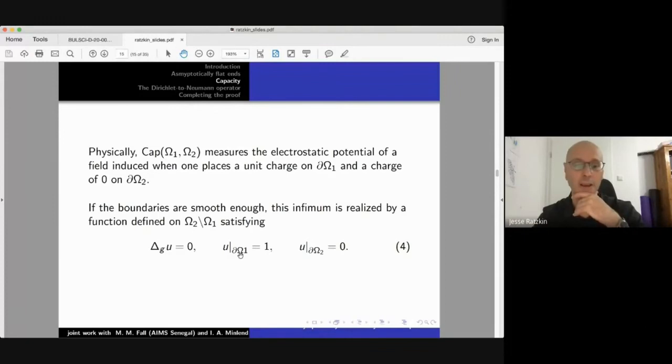It will have boundary values 1 on the inner boundary and 0 on the outer boundary. And then the fact that this capacity is realizing the drop in electrostatic potential is really just the Gauss divergence theorem coupled with the laws of electrodynamics.